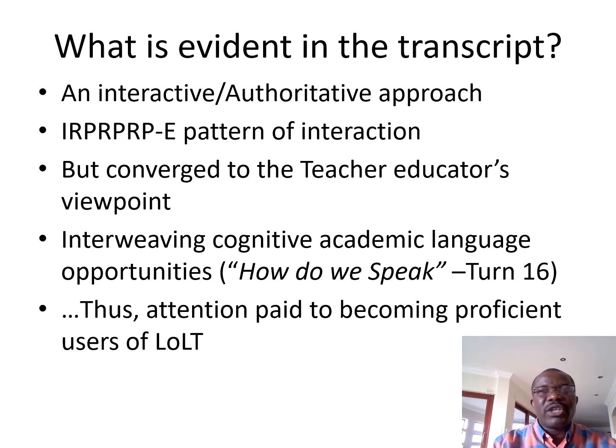It is interactive, but it's also authoritative. But there is also an interweaving of cognitive academic language opportunities into what the teacher educator was doing in class. And so we can comfortably say that attention was being paid by this teacher educator to the fact that the pre-service teachers need to become proficient in the use of the language of teaching and learning.